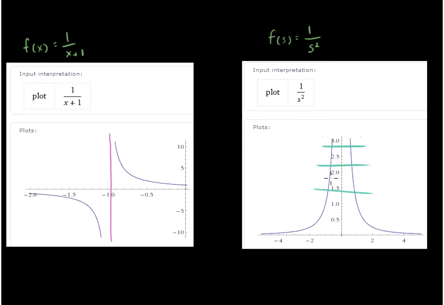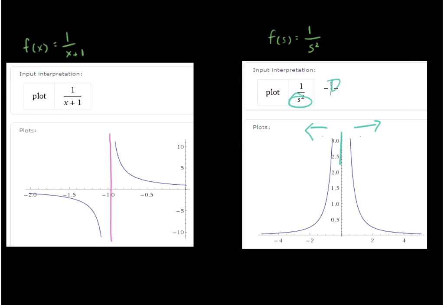You have one y value that you can arrive at from two different x values. But if you restrict the domain, you can tell that these are approaching 0 from both sides, because here we're undefined at 0. If you restrict the domain to only be this side or only be this side, you'll have a one-to-one function.